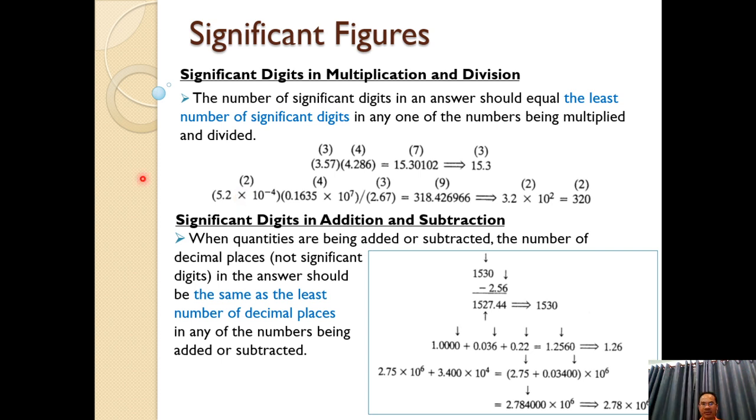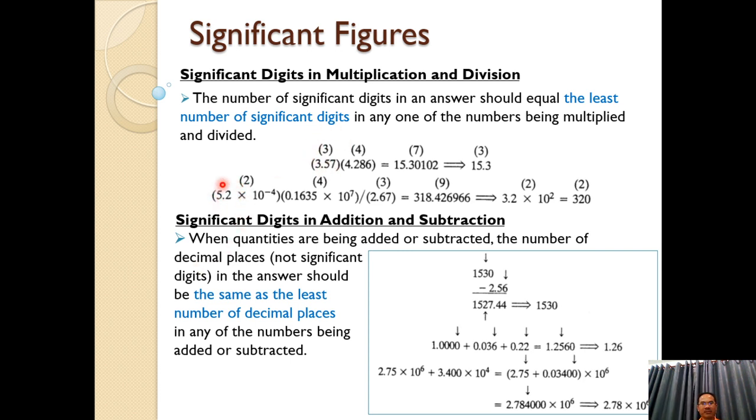In this case, we have two numbers, 3.57 and 4.286. One has three significant digits, so the answer should have at least, that's right, 3. That's the minimum. You get 15.30102, and the answer is 15.3, only 3 significant digits.